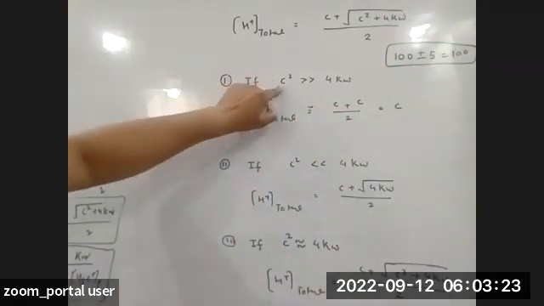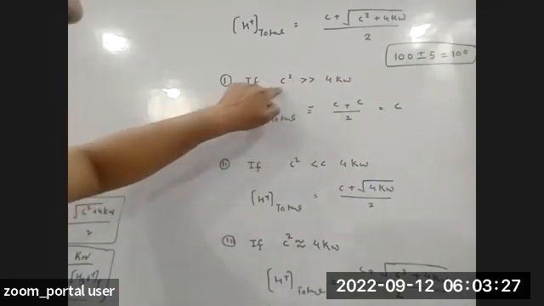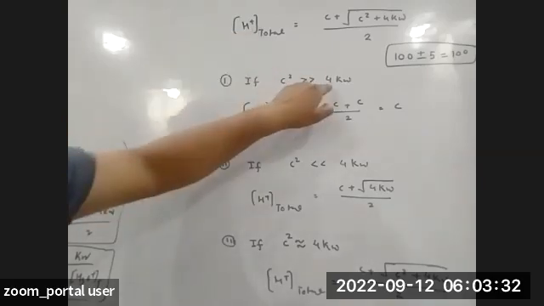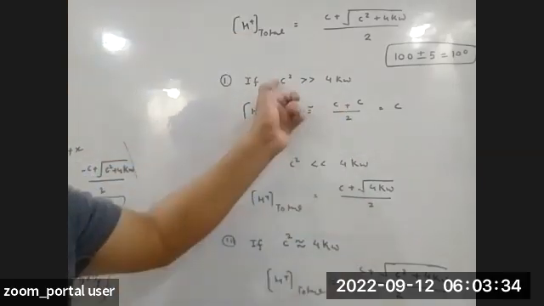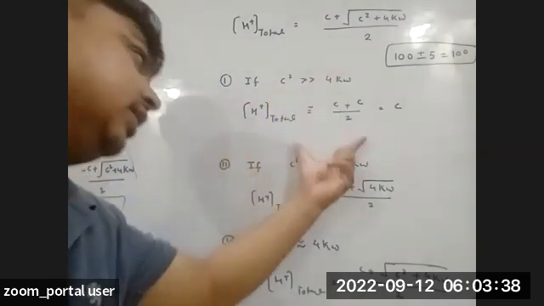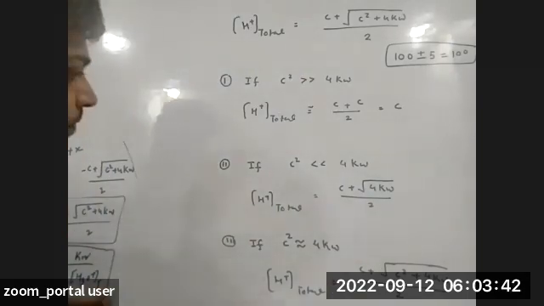So I will say C square is a very bigger number than 4 Kw. You just take 5% of C square. If 4 Kw is lesser than 5% of C square, then it will lie in this category. Is this clear?